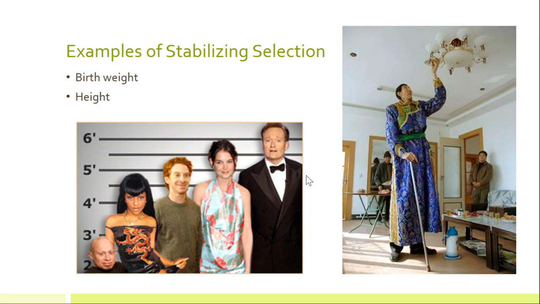Okay, birth weight is also a really big deal. So if your baby is born too small, if it's under like 4 pounds, it's going to be sickly and it may not survive. If it's over like 13 or 14 pounds, it's very difficult to get the baby out.